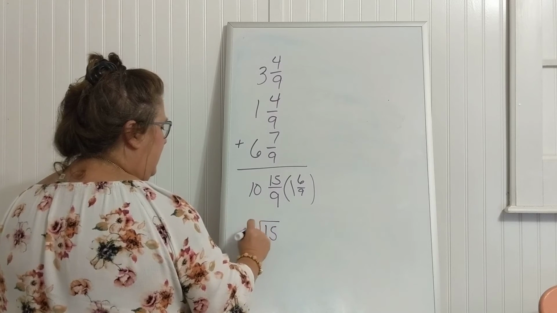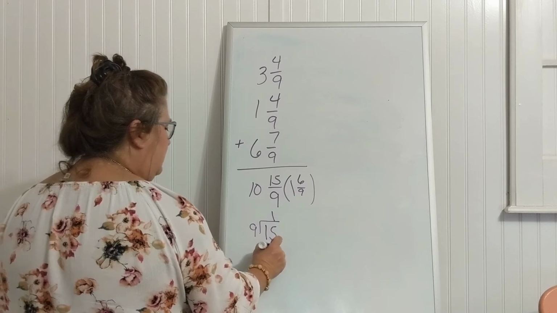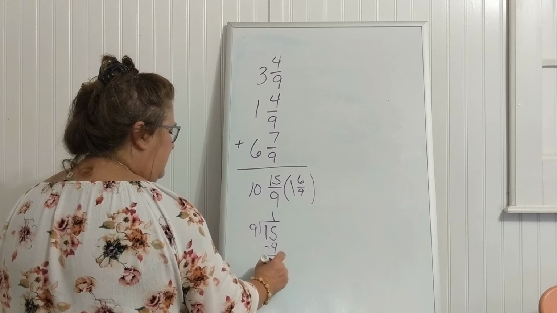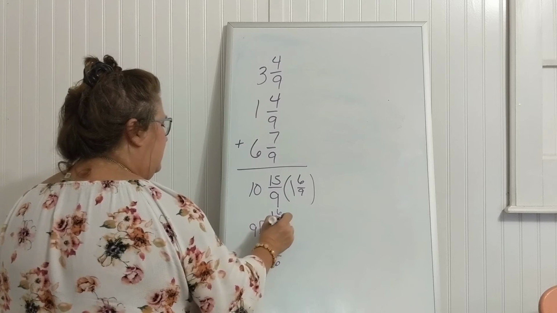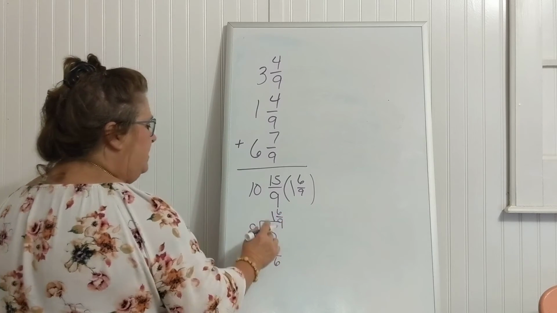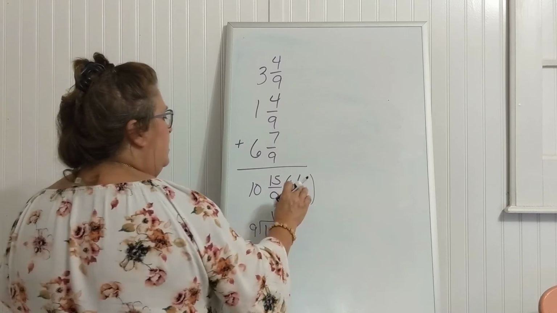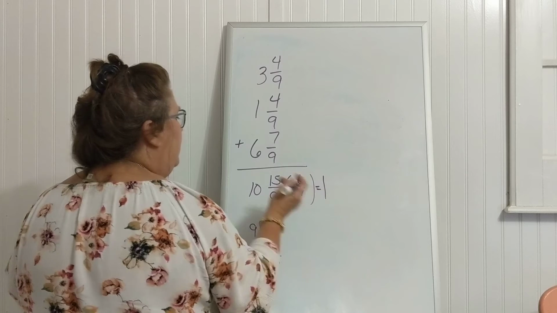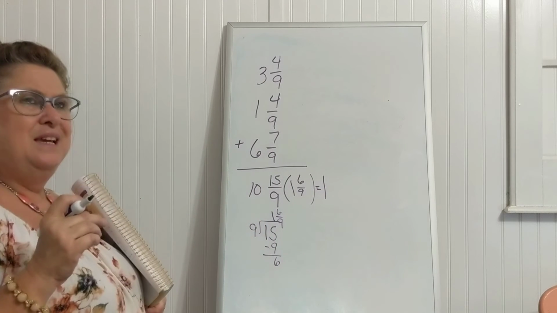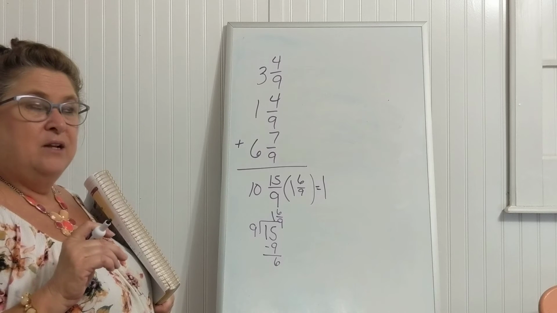Now I can show it to you this way. 15 divided by 9. How many times will 9 go into 15? 1. 1 times 9 is 9. 15 minus 9 is 6. 6 becomes my numerator. My divisor becomes my down number, or my denominator, 1 and 6/9. So now 6/9 can be reduced. Can we count by sixes and get to 9? No, so we have to find the greatest common factor.